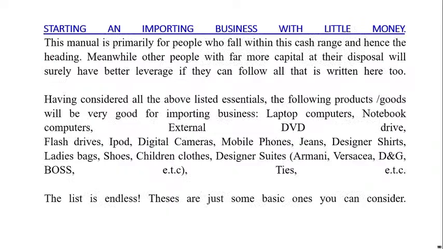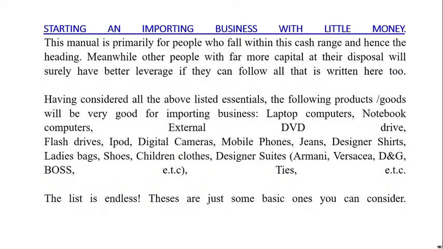Starting an importation business with little money. I'm going to be showing you how you can buy little, essential things, products that are sought after, that people would actually want to have, like flash drives. If you're a student or you happen to know people in the tech industry, they need flash drives.